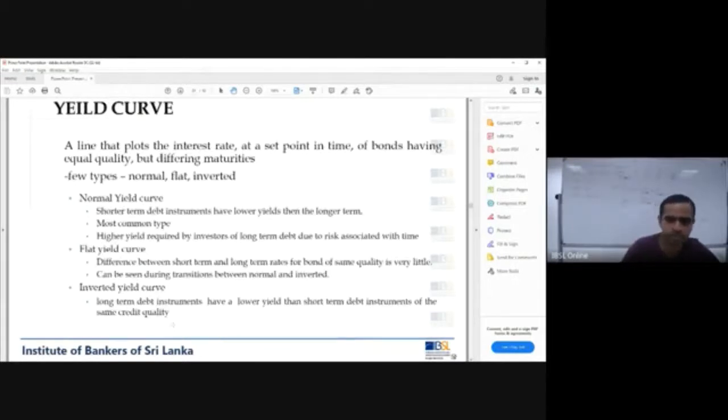Now, my question is, why do you have different shapes of yield curves? What do you all think?